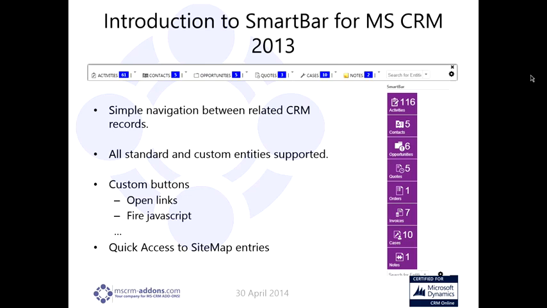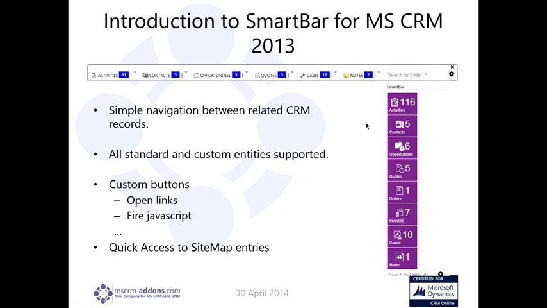But we found it quite difficult to navigate around. You're constantly going through all these drop-down menus. What we decided to do was make it easier and a lot simpler to navigate between related CRM records just by clicking a couple of buttons.